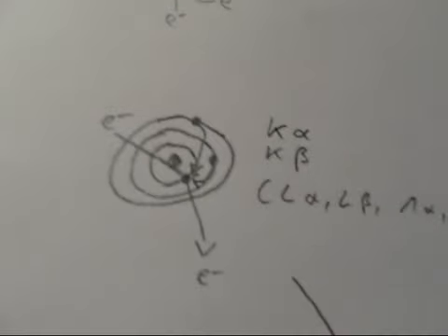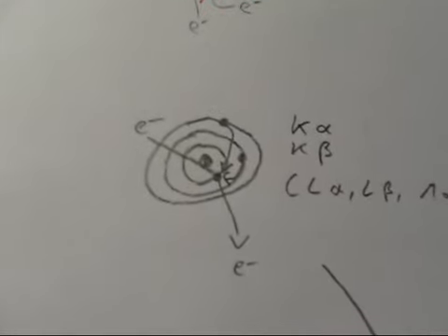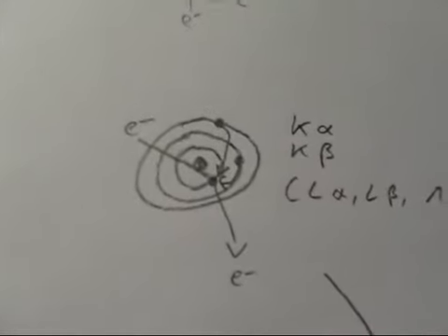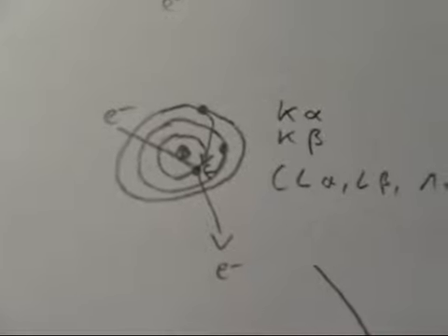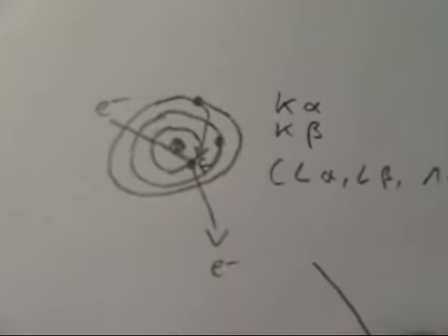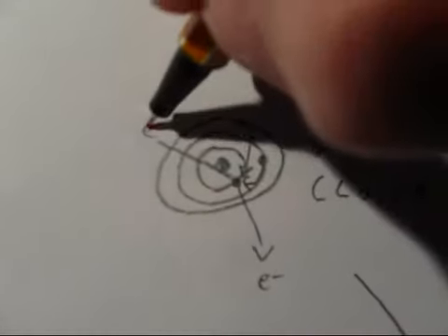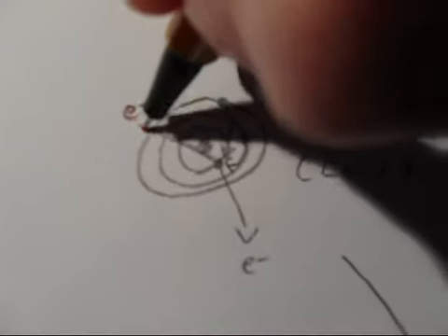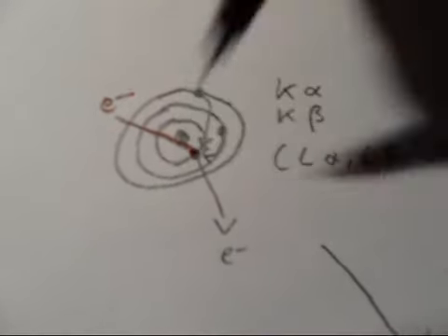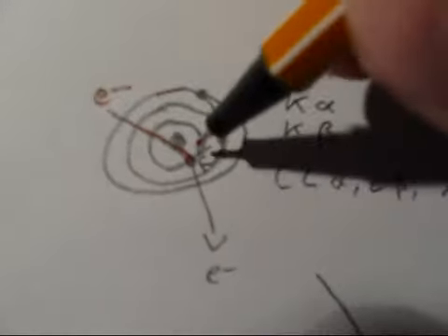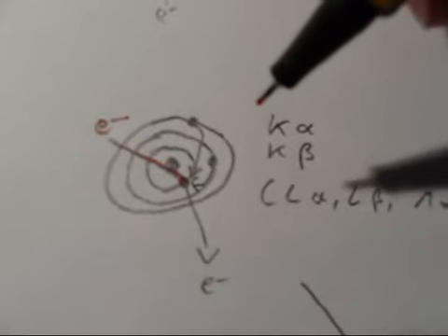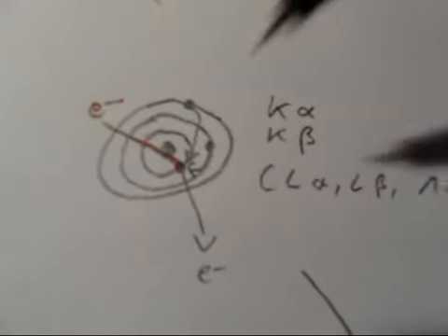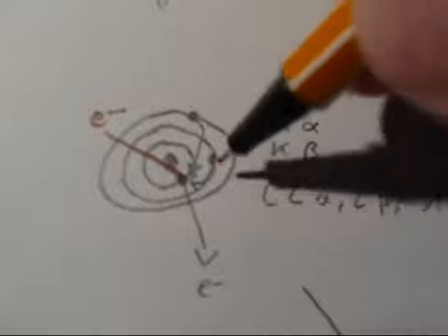So let's have a look at what is actually a useful interaction for energy dispersive X-ray spectroscopy. That is when the electron from our electron beam moves in here and knocks out an electron from the inner shell of the atom. In this case it will be the K shell, with just one electron in each shell.